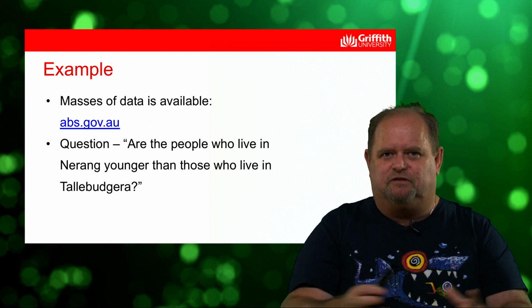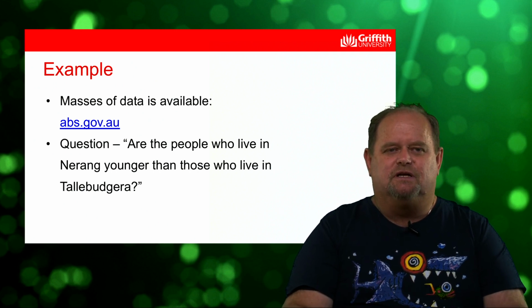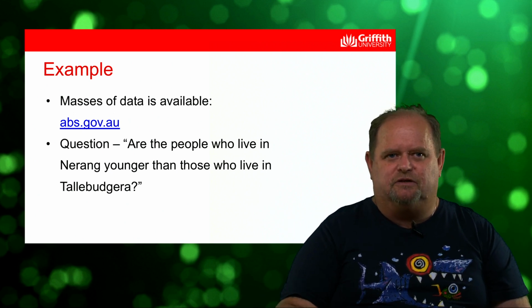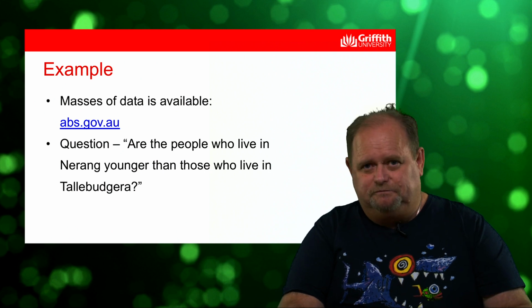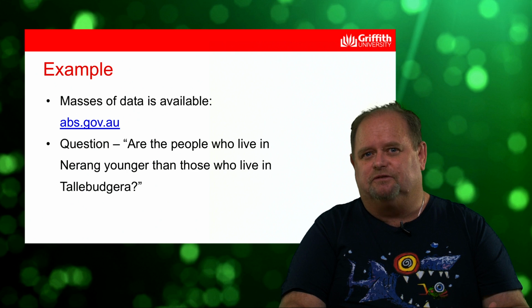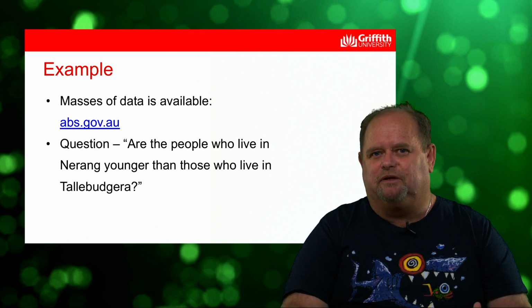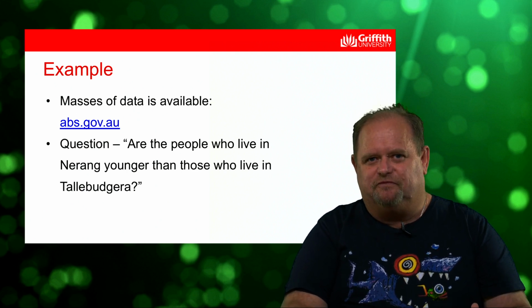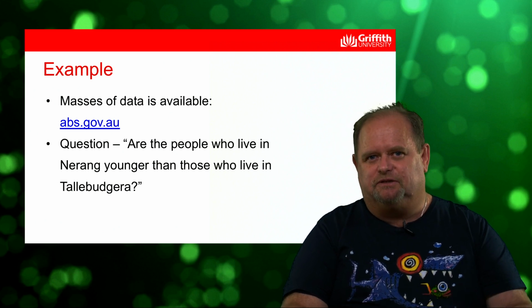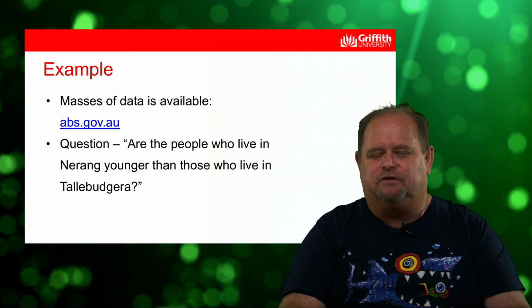Drill down into it, you can find heaps and heaps of stuff. So here's a good question: if people live in Nerang, are they younger than those who live in Tallebudgera? Why would we ask that question? Access to public parks or facilities that younger people might want compared to older people and older dynamics.